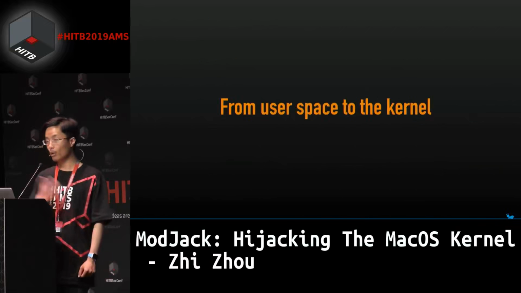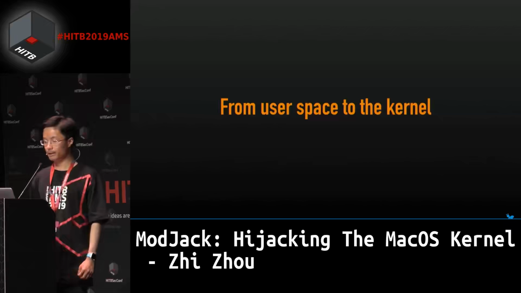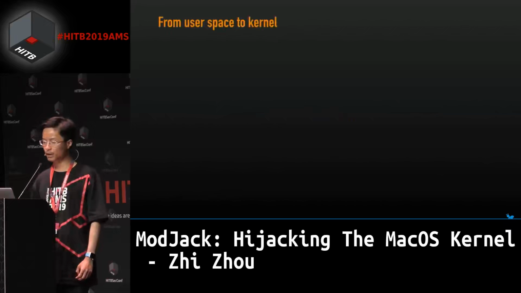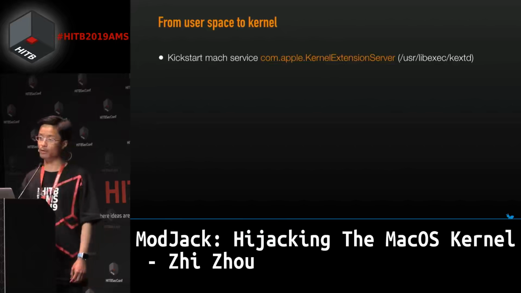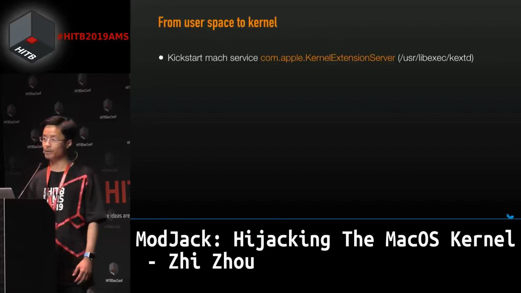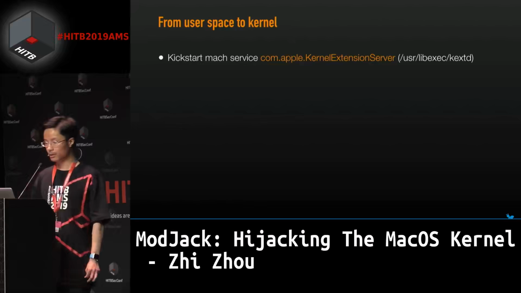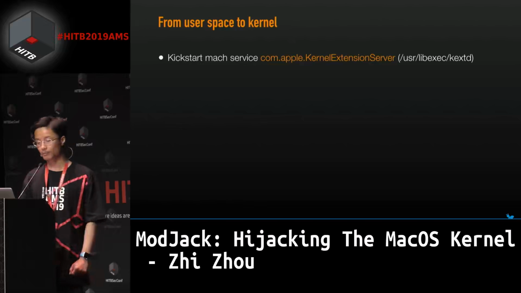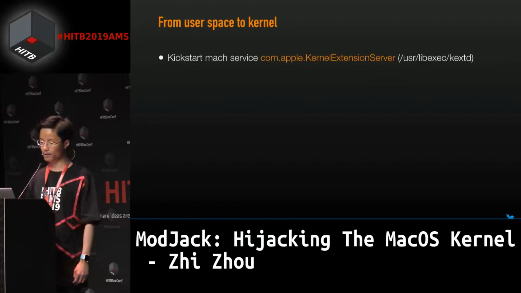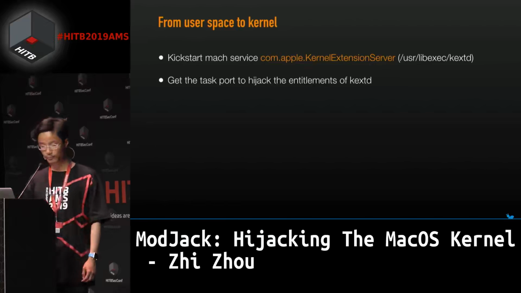But what we want is the kernel with privilege. So from user space to the kernel, you must remember the graph I posted a few minutes ago. Let's change the target to kickstart another Mac service, kextd.